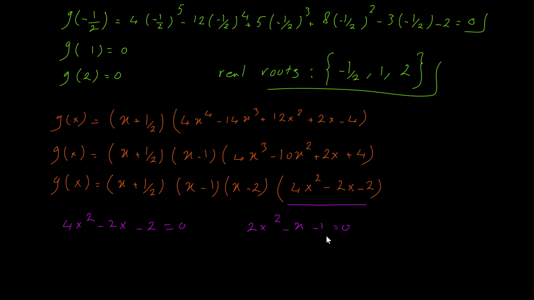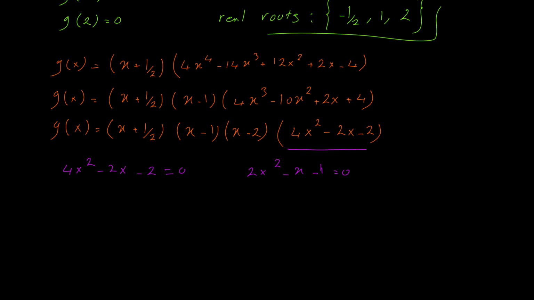Now, from here, we know how to use the quadratic equation. The quadratic equation is negative b plus or minus the square root of b squared minus 4ac, and then the whole thing divided by 2a.